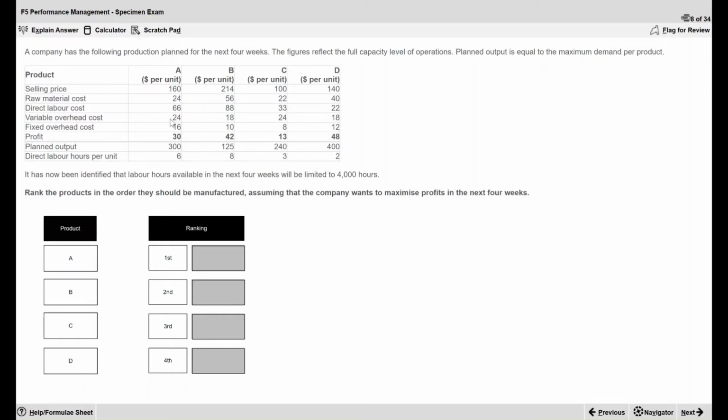So again, the quickest way to calculate contribution is to take profit and add back the fixed cost.